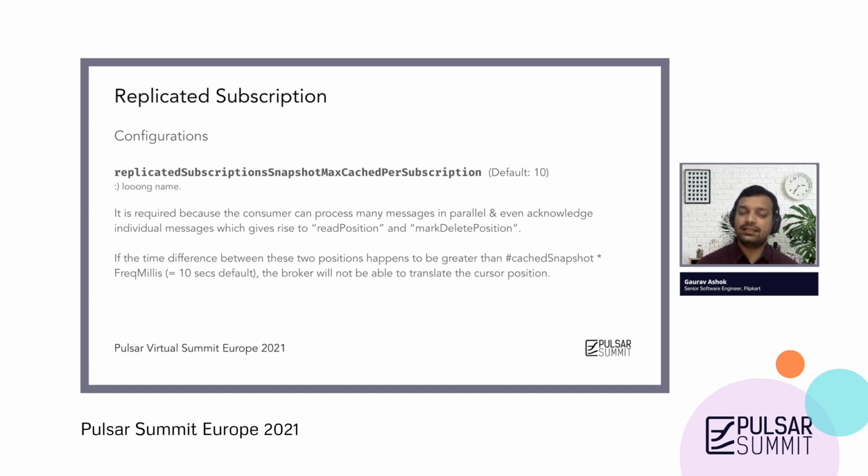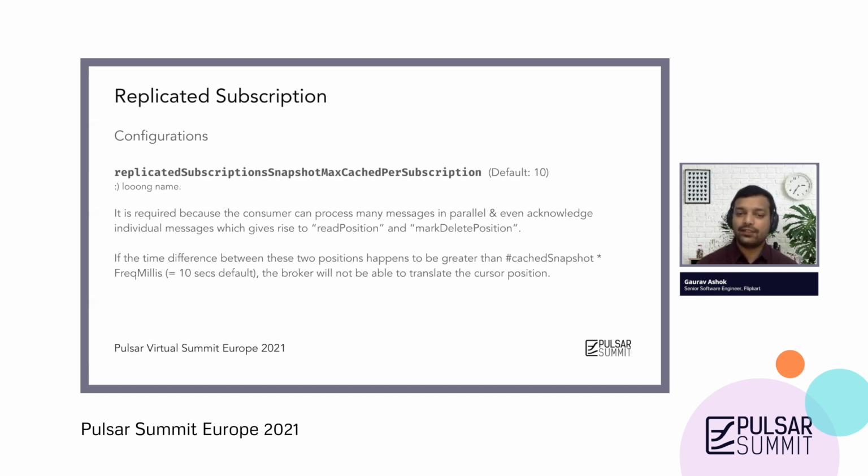It is required because the consumer is processing multiple messages in parallel, and it can even do per message acknowledgement. So there are scenarios where the marked delete position is far behind the read position, right? Even if there's a single message for which the broker hasn't seen the acknowledgement, it cannot advance the delete position past that message.